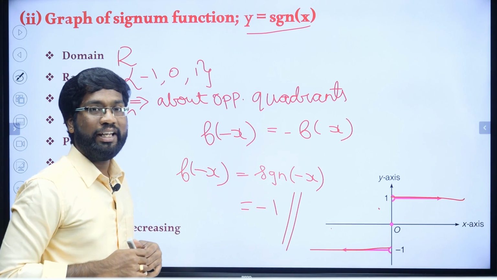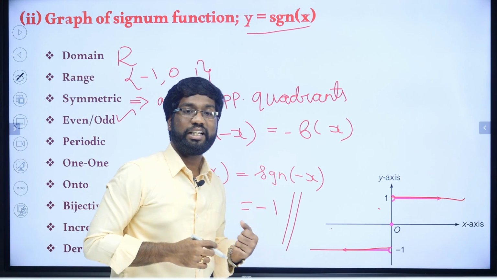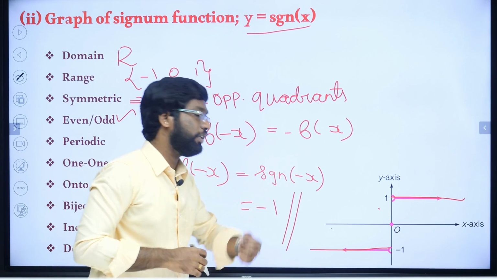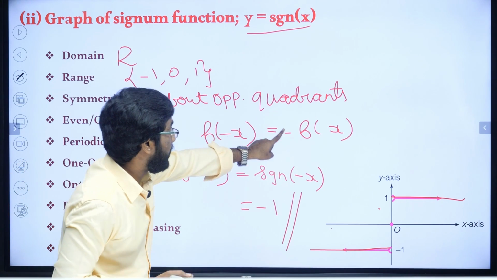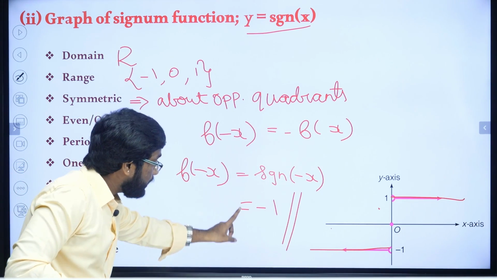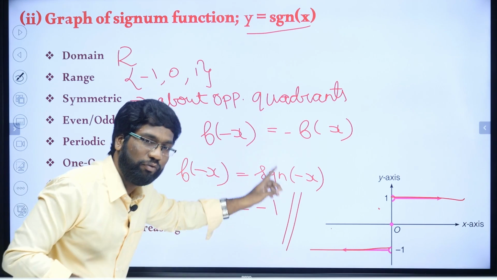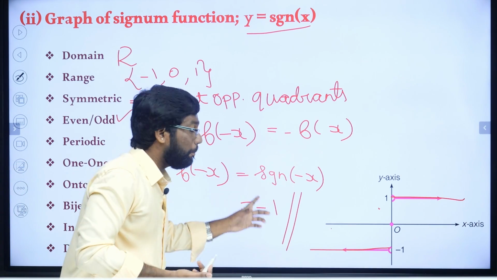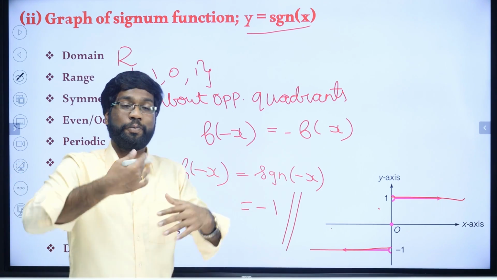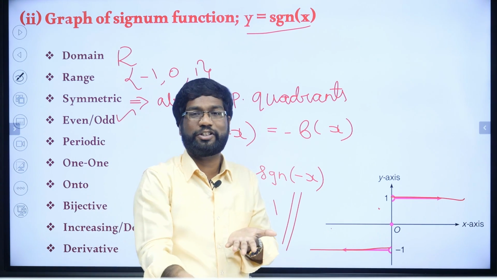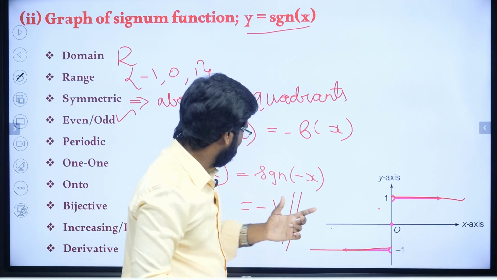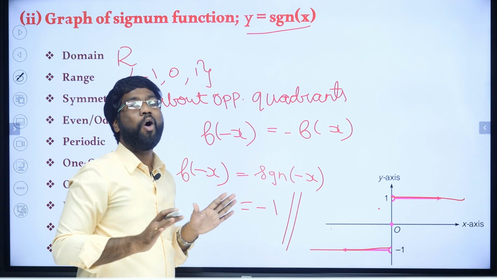For the entire negative side of the signum function, it gives me only the minus 1 value. So here you can see f of minus x equals minus of f of x, minus of 1. So minus of 1 means what, my dear students? My function has that sign changeover. Okay, so this function is an odd function.